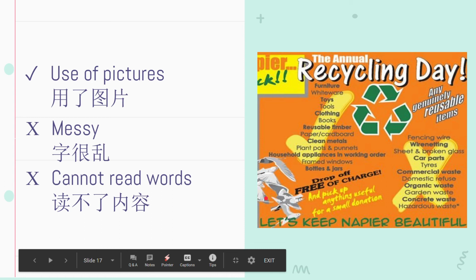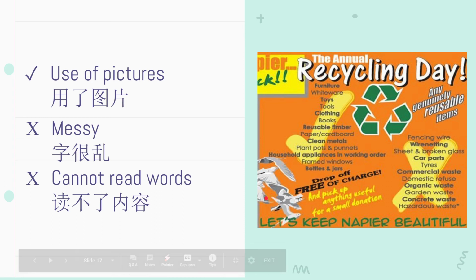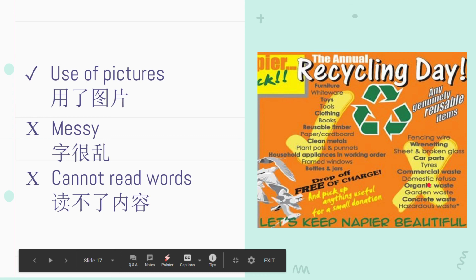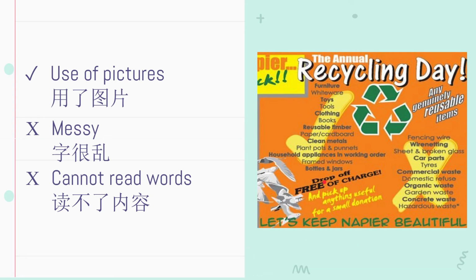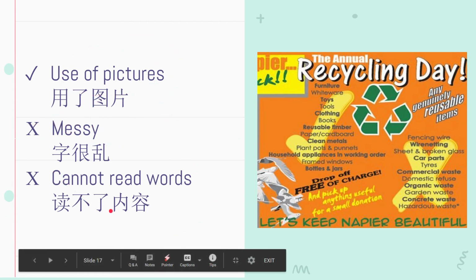But I think it's too messy, and you can't really read the words because of the colors that they use. Like you know what they're talking about, but I feel like it's just too cluttered, and the words are just everywhere. Like it's not very pleasing to the eye lah. Yeah, but there's colors, and they did use pictures lah. So I think the pictures is the good point, but I think it's just too messy.